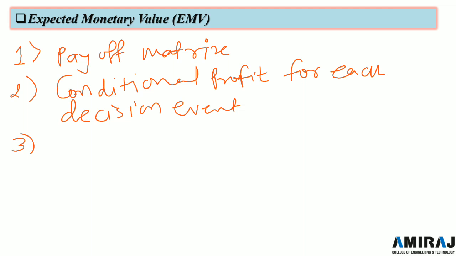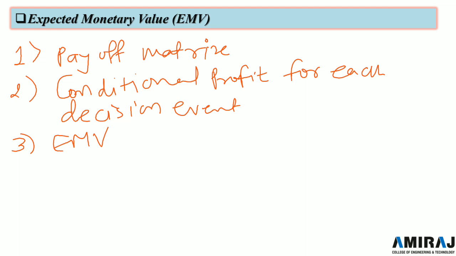The third step is to calculate the EMV for each decision alternative by multiplying the conditional profit by the assigned probabilities and adding the resulting conditional values.